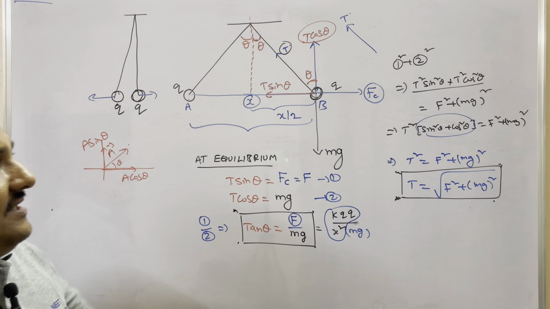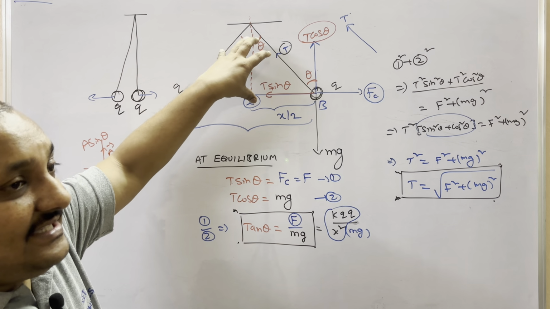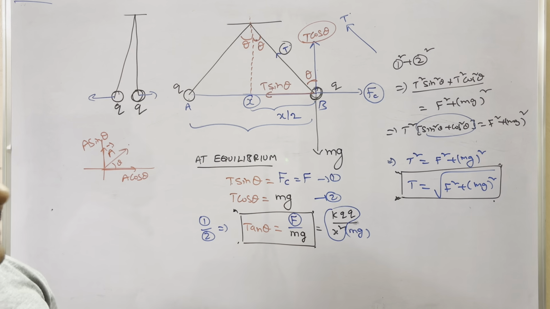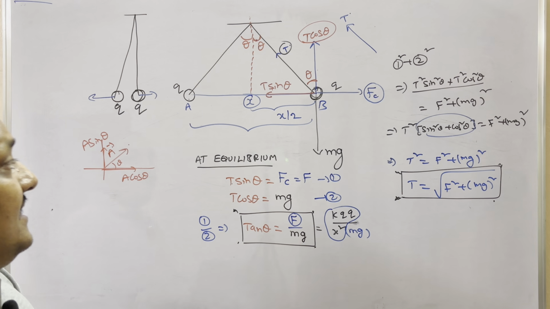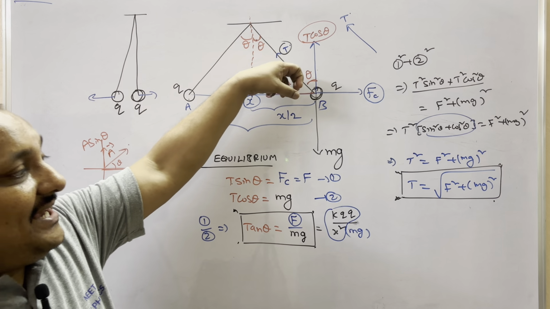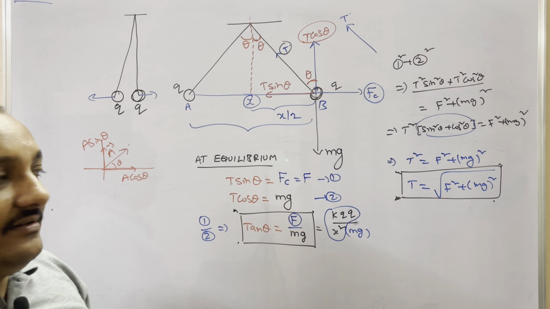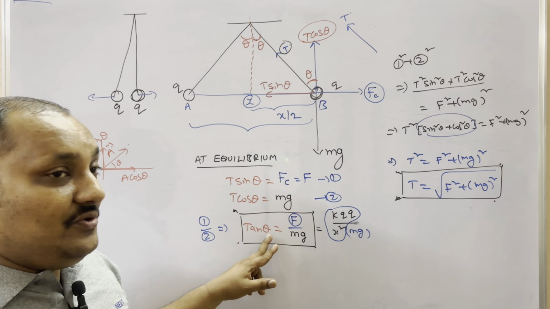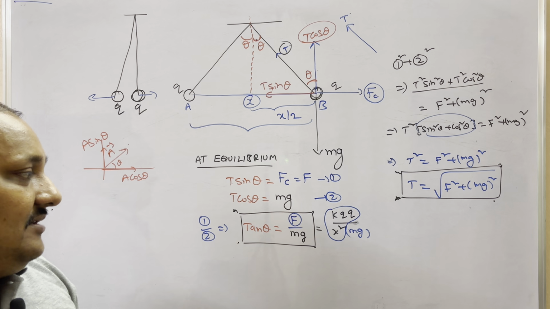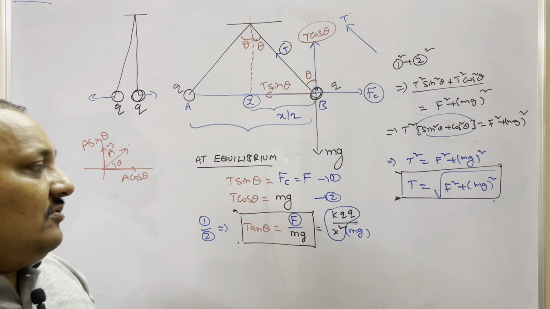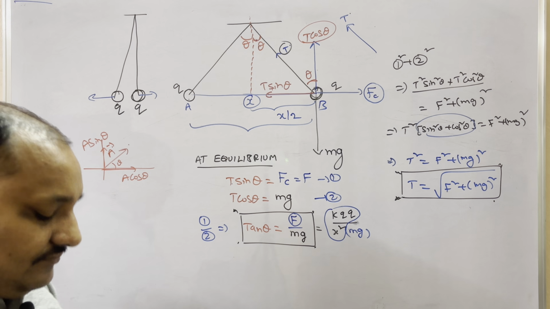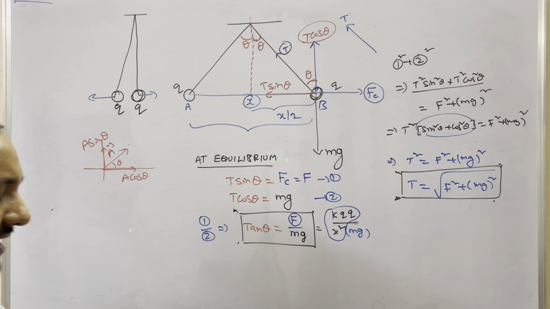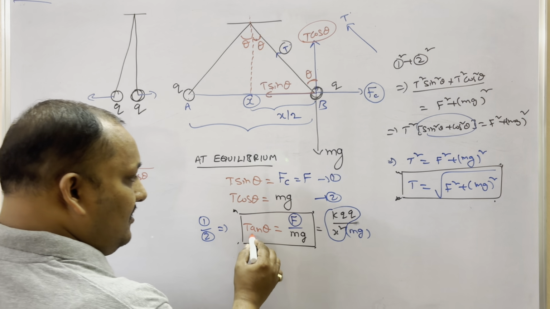Next, they are going to take the entire system into a medium, into a liquid or into water. If the entire system is immersed in liquid, what is the new angle it is going to make? They are going to ask. Once you get the idea of this one, you will get that one also very fast. So in the liquid, in another medium, assume tan theta dash.